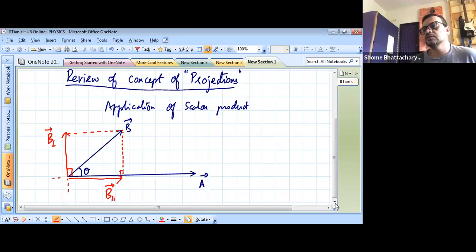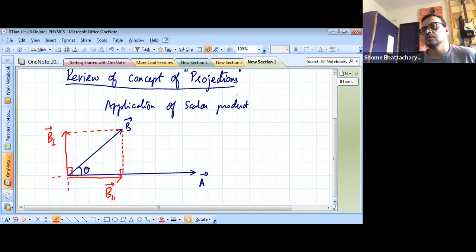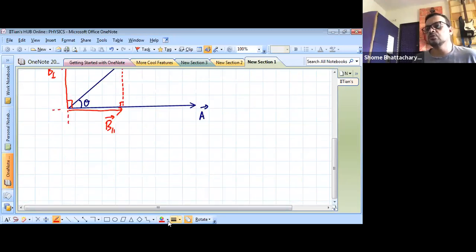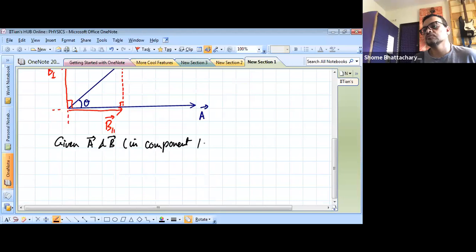So we saw that given two vectors A and B, in component form, we can express two things.